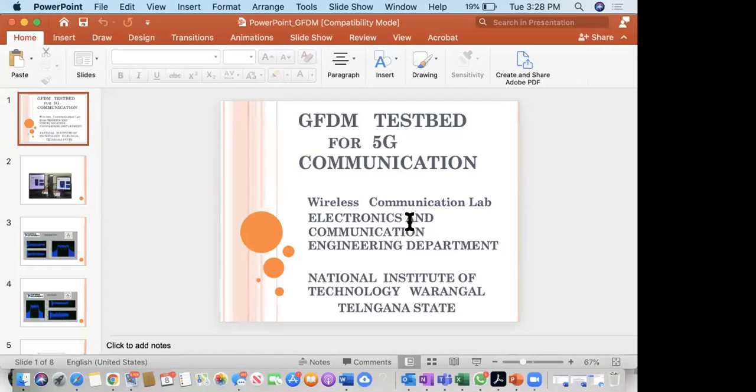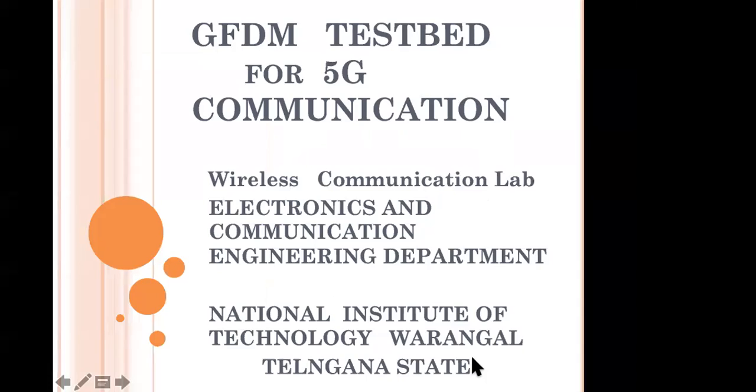So this is the work done in my laboratory. I can show you the test bed we have developed for 5G communication in our wireless communication laboratory of NIT Warangal. You can see we have used a transmitter and receiver using USRPs, real-time communication.